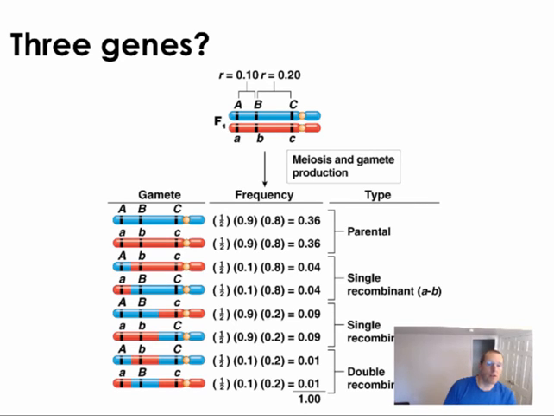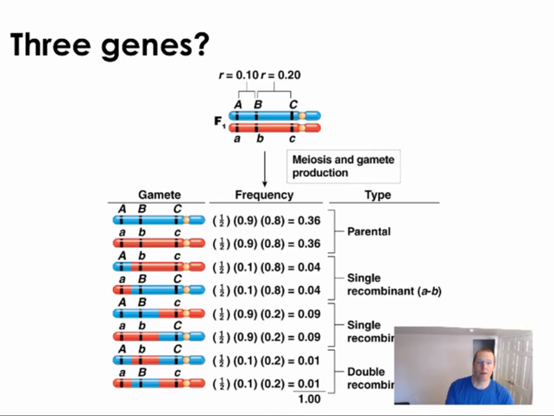Just bear in mind, your book is going to talk to you a little bit about something called interference, and that relates to the frequency of the double recombinants. There are phenomena which produce this observation called interference, where your actually observed double recombinants will be much lower than predicted.